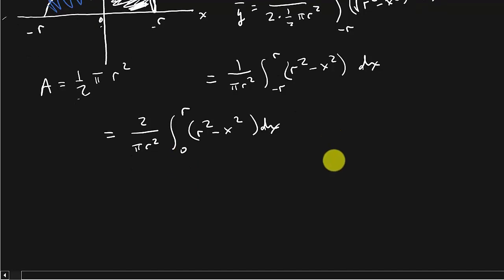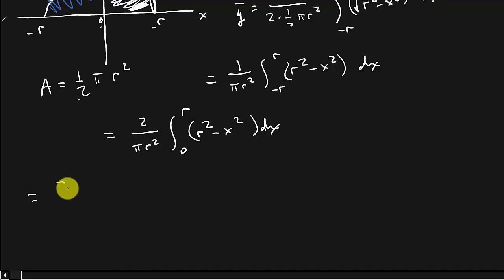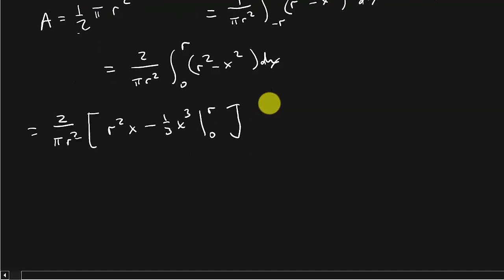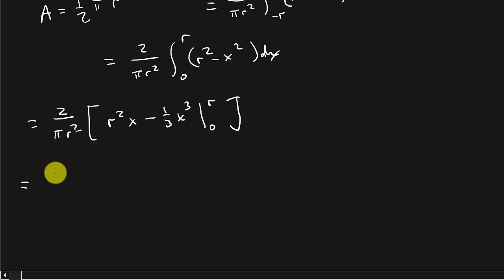Okay? And so now that's going to give me 2 over pi r squared times, and that's going to be r squared x minus 1/3 x cubed, and that's from 0 to r. And so that is going to give me 2 over pi r squared times r squared times r minus 1/3 times r cubed minus, and then this is what I was talking about. We're plugging 0 in for x, so we know that's just 0.